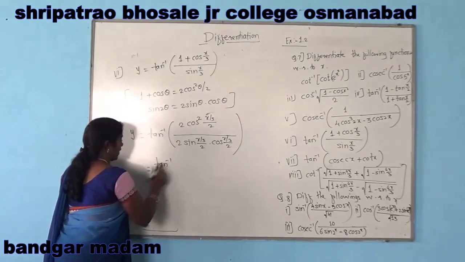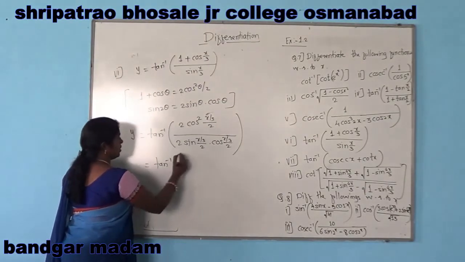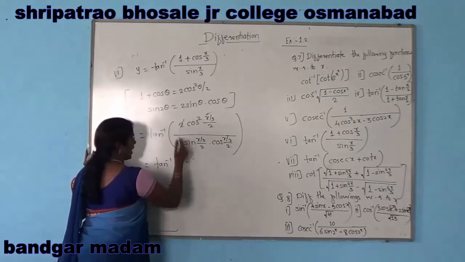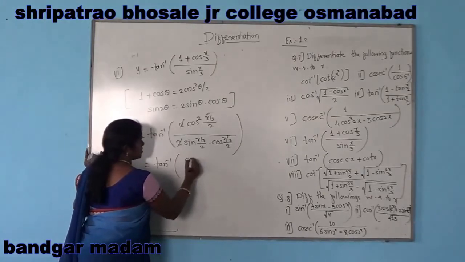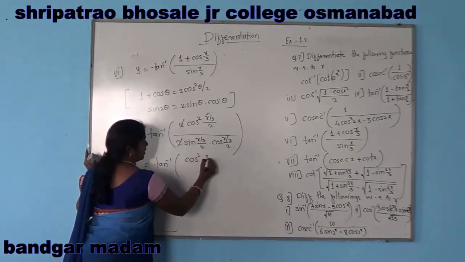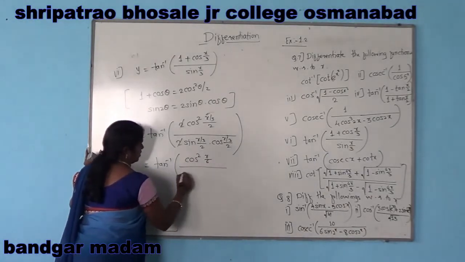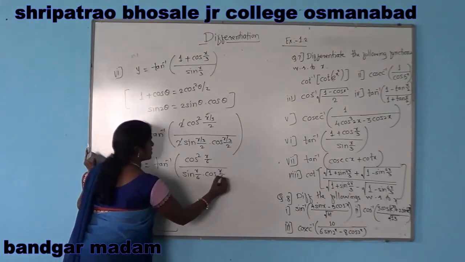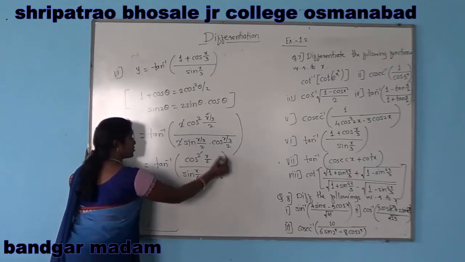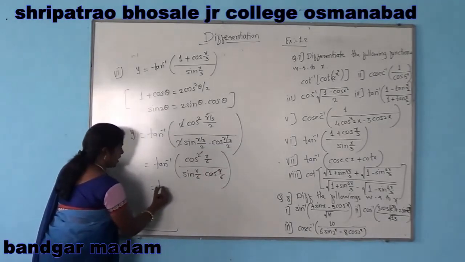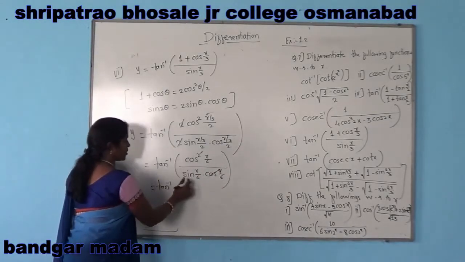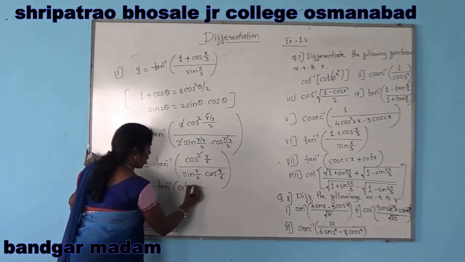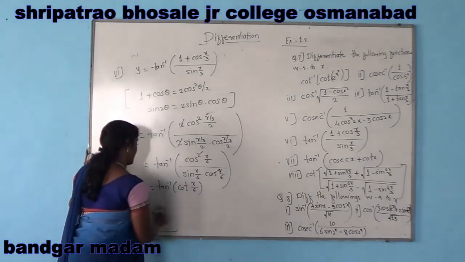which will give tan inverse of 2. You can cancel. This is cos square x by 6 upon sin x by 6 into cos x by 6. Now one cos will cancel, and we get tan inverse of cos upon sin, which will give cot of x by 6.